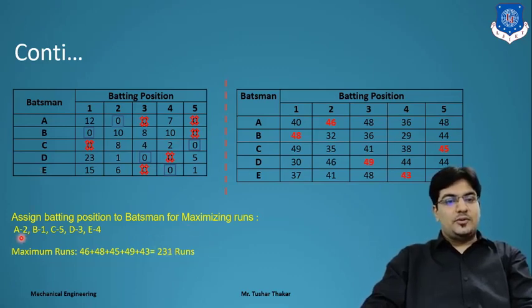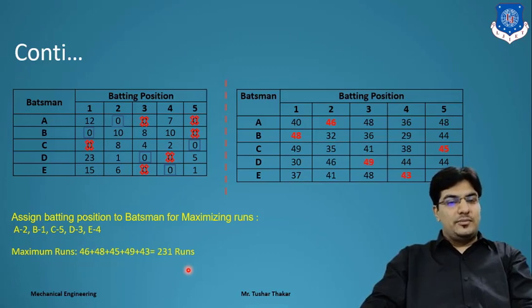So suppose we send batsman A at 2nd position, B at 1st position, C at 5th position, D at 3rd and E at 4th position. So we get the maximization of runs over here. Clear? So that is the maximization problem.